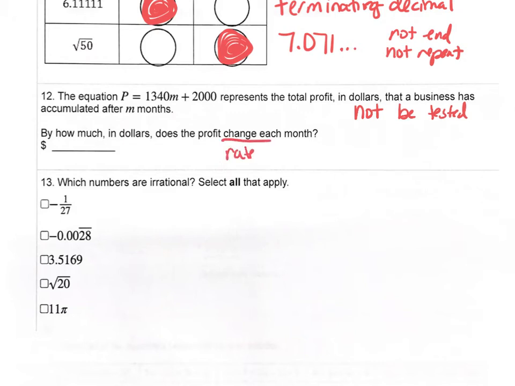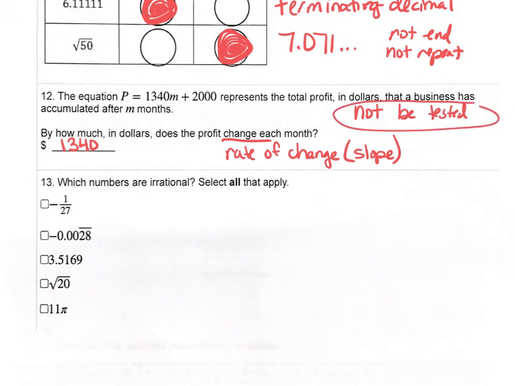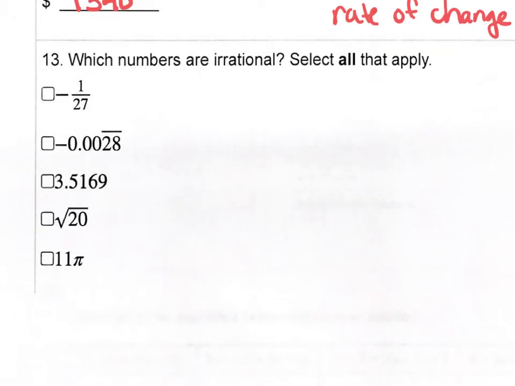It's asking for a rate of change, which is just the slope. So this equation is in the form of y equals mx plus b, where the number that is times the variable is 1,340, and that's your answer. But it will not be tested on this 9 weeks exam. Number 13 asks if they are irrational. 13 is a fraction, so it can be written as a ratio, so it is rational.